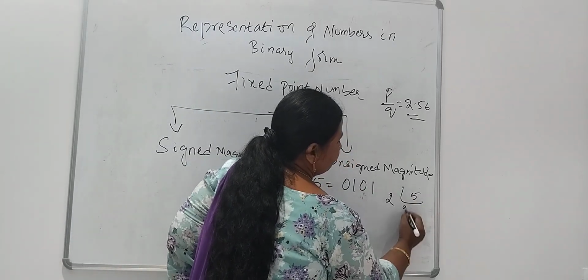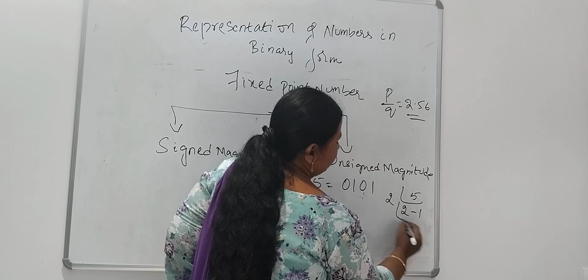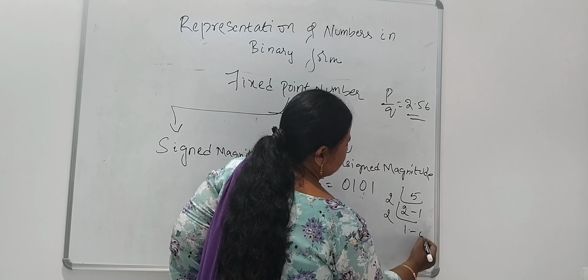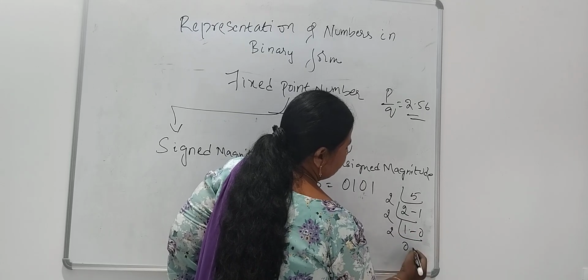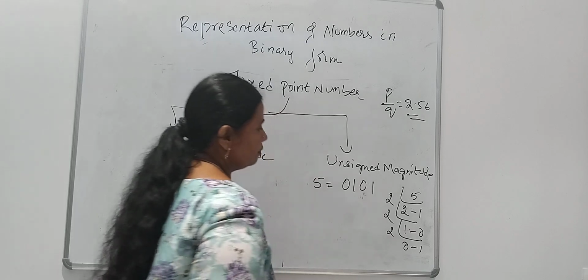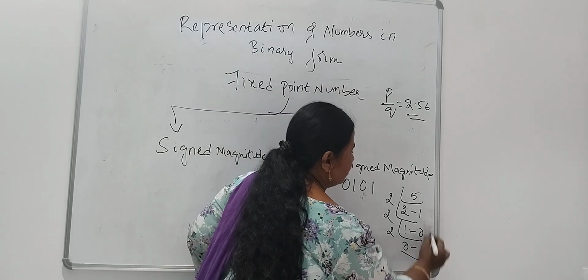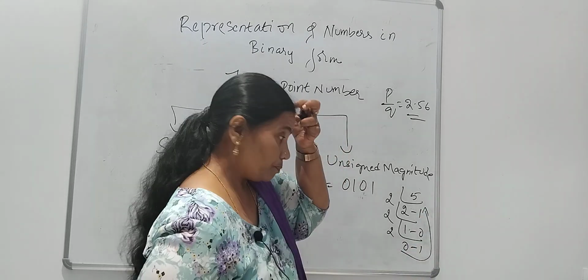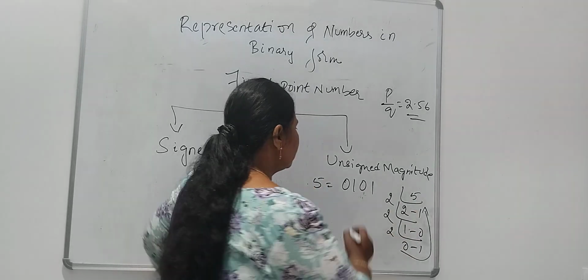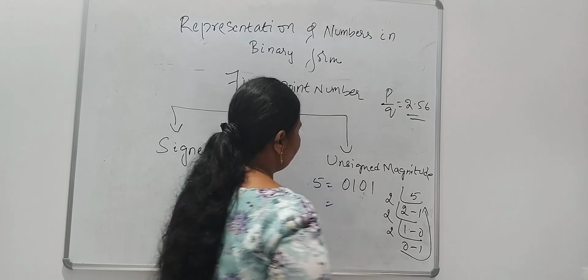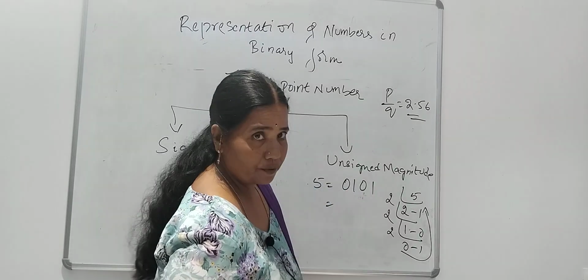2 2s are 4, 1 remainder; 2 1s are 2, remainder 0; next 0 2s are 0, remainder 0; 1 here. So what you are going to get? Reading from bottom to top, that is nothing but 0 1 0 1, isn't it? So 5 in 4 bits you have written in this form.